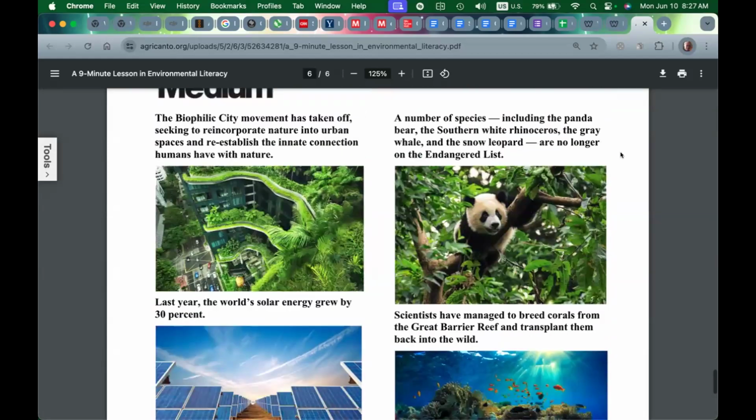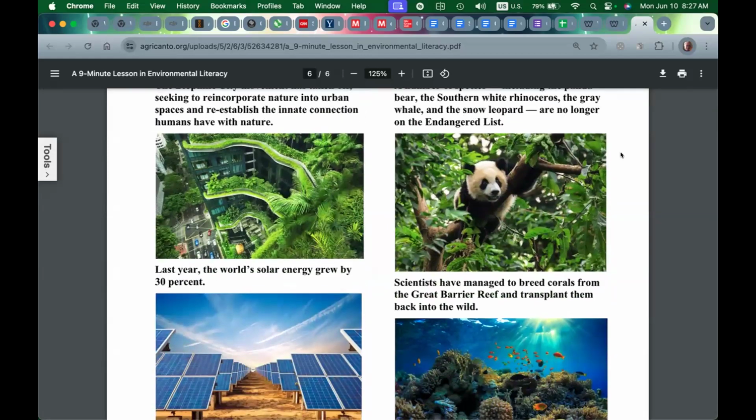And a number of species, including the panda bear, are no longer on the endangered list. So to the extent that conservation measures work to protect endangered species, they actually have worked. In some cases, some endangered animals have been taken off the list, meaning they're not endangered anymore. In the US, that is called the Endangered Species Act, or ESA.